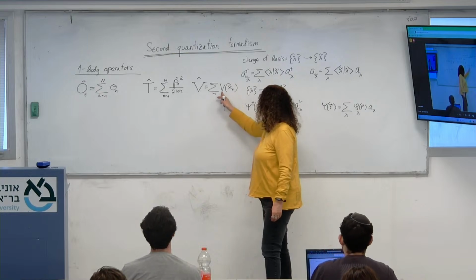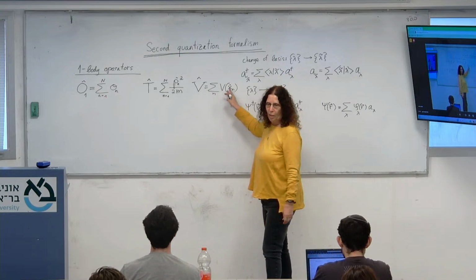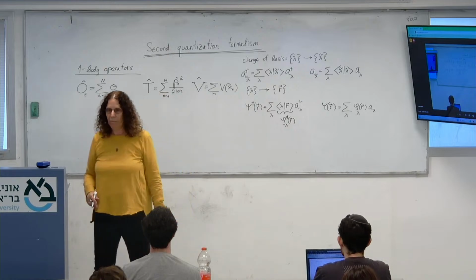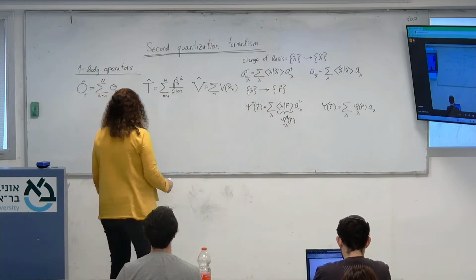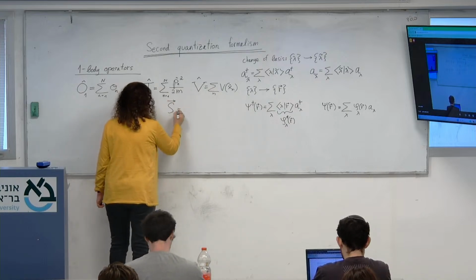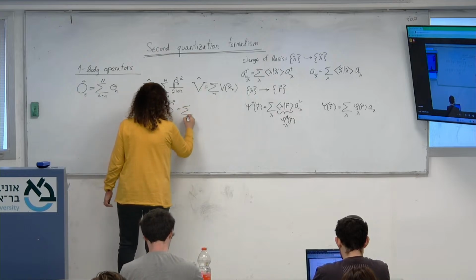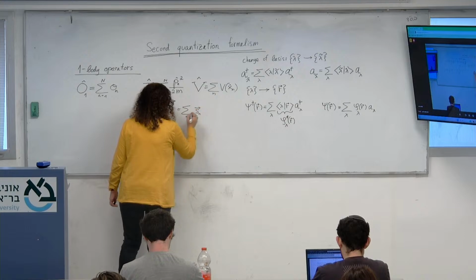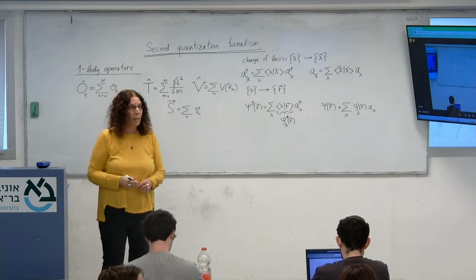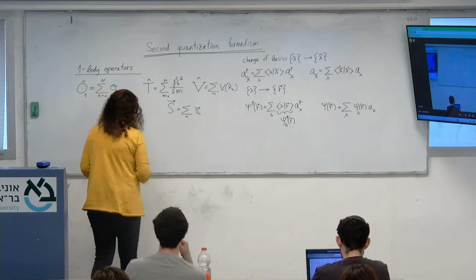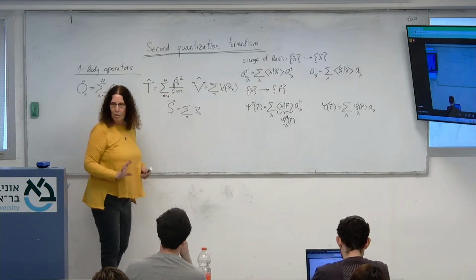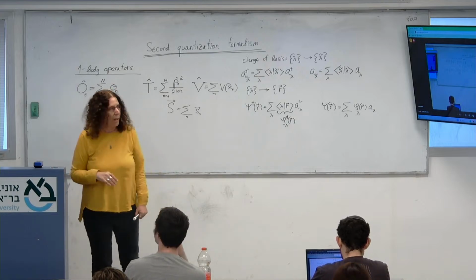So each particle experiences a potential that depends on its own coordinate, and the total potential energy is just the sum. Okay? So this you have already seen. Another example is the spin. If you have particles with a spin, we can think of the total spin as a sum over n of little s_n. Okay, so we can think of a total coordinate. We can think of many examples, but basically that's it.